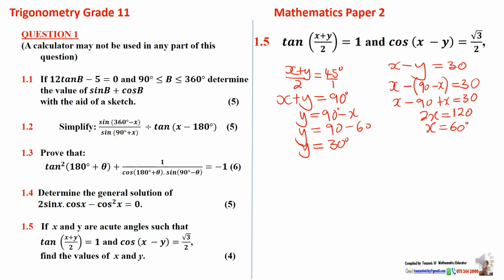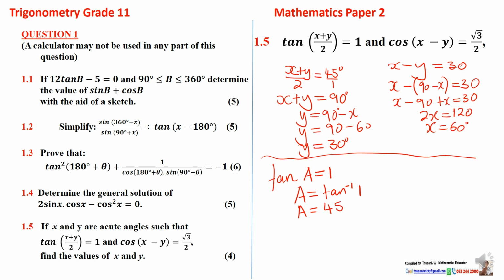Even on a calculator, I'm just explaining a little bit to bring more clarity. If I say tan A is equal to 1, then using a calculator, the value of A can be determined because the question specified that A is an acute angle. So this can give us the answer: A is equal to 45 degrees.